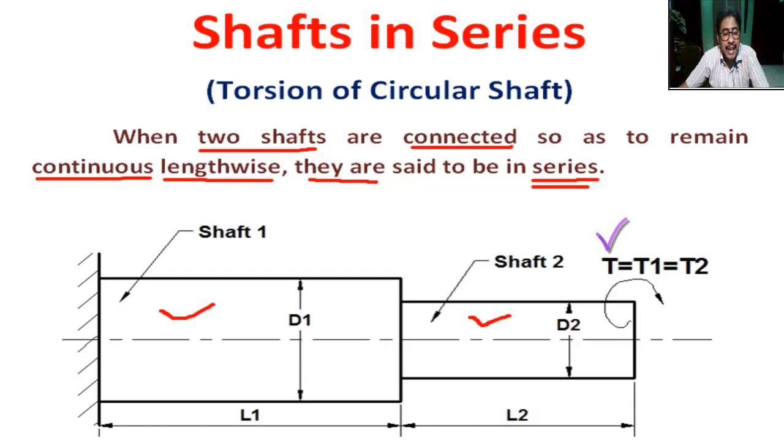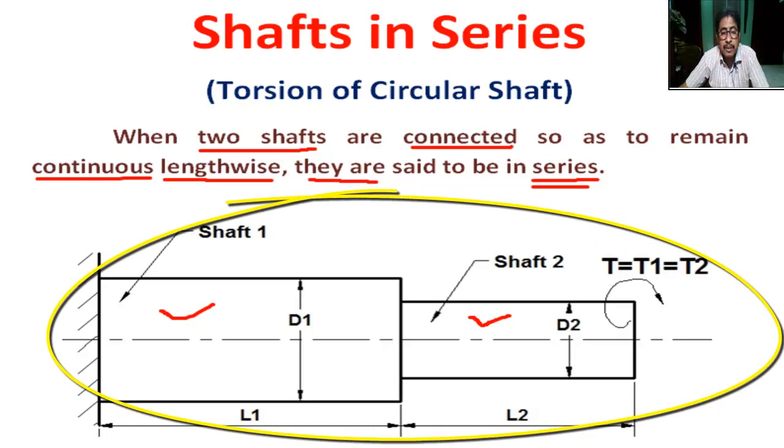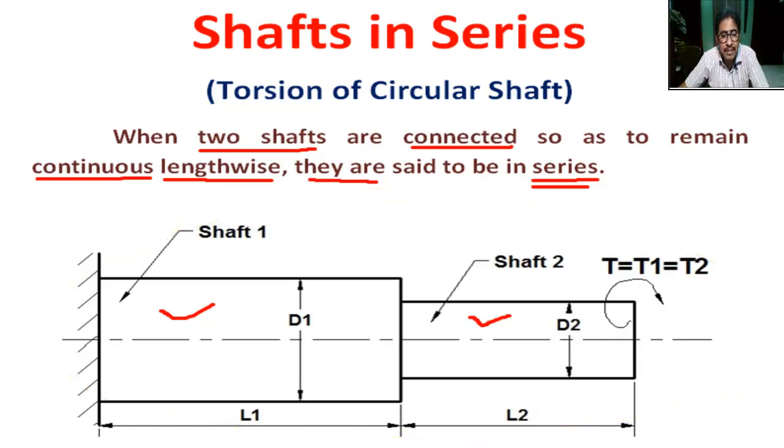When shafts are in series, both shaft 1 and shaft 2 transmit the same torque. That means torque T equals T1 equals T2.